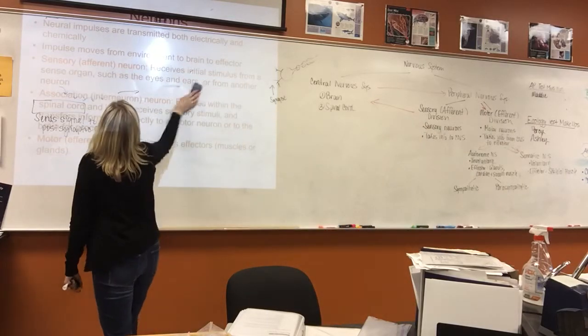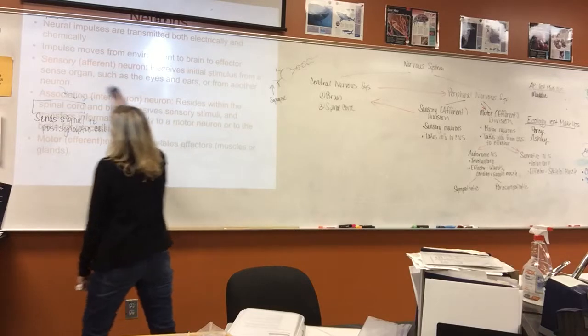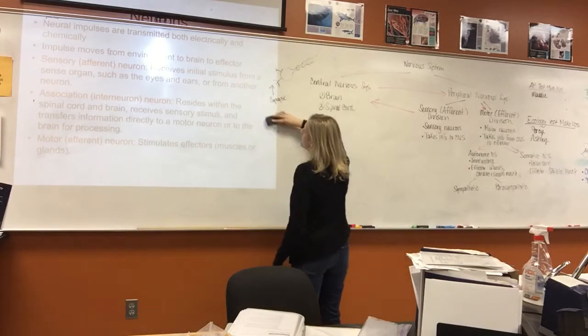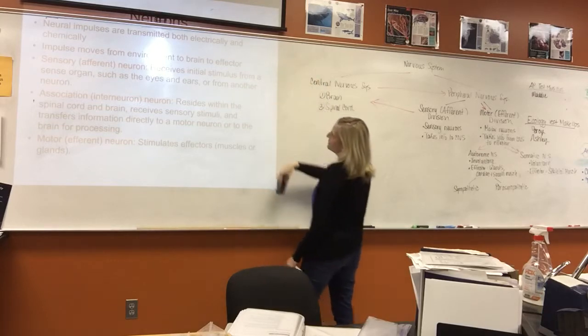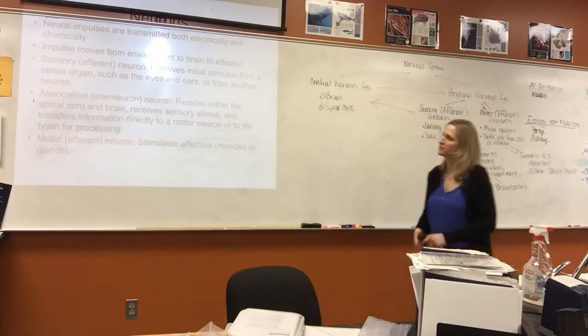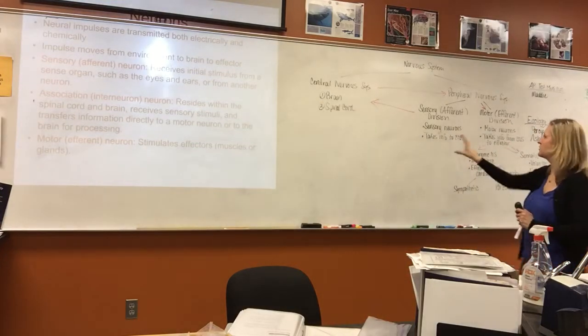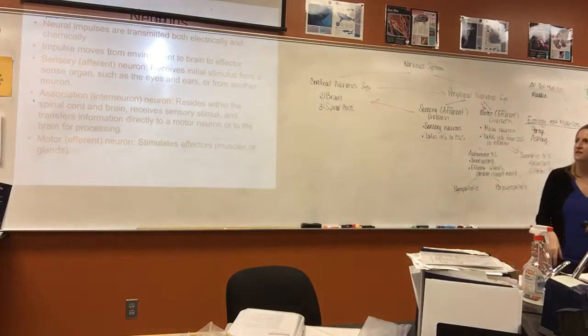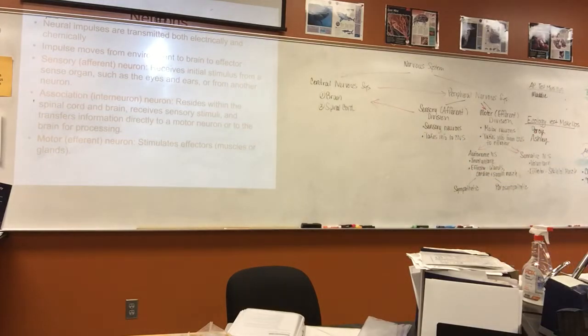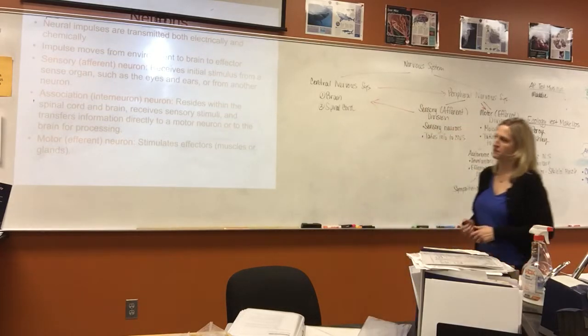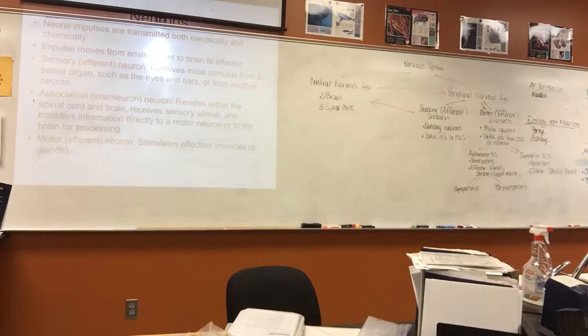Neural impulses are transmitted both electrically and chemically. They move from the environment to the brain to the effector via these three different types of neurons. The sensory neuron, which we talked about here, receives the stimulus from a sense organ, such as the eyes and ears, or from another neuron, and takes the information to the central nervous system, where you have what are called association or interneurons.